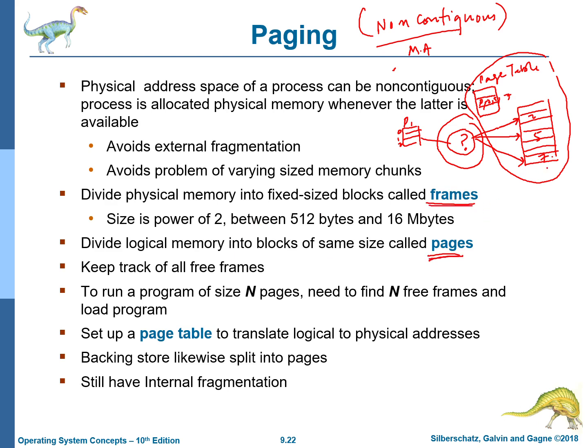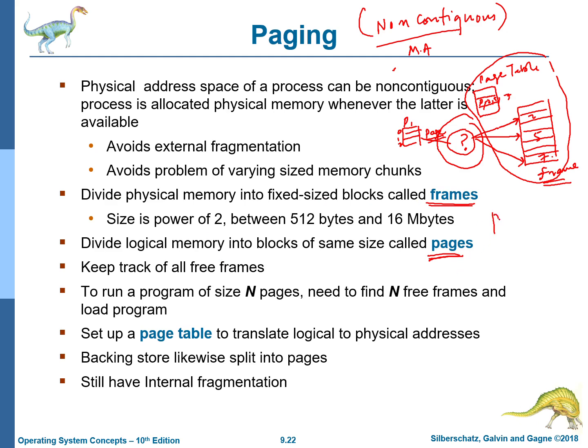When it is stored in main memory, physical memory, we call them frames, but when it is generated by the CPU, we call them pages. So the logical address of a page is mapped into the physical address of a frame. We divide physical memory into fixed-size blocks called frames and divide logical memory into blocks of the same size called pages.